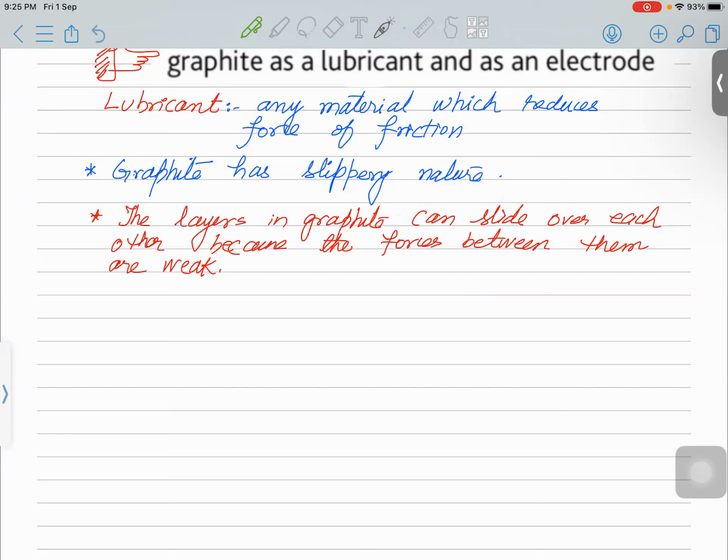Okay. So the question is: why is graphite a lubricant and diamond is not?